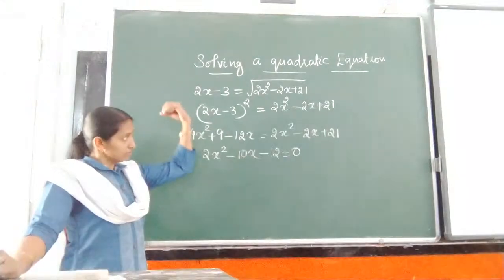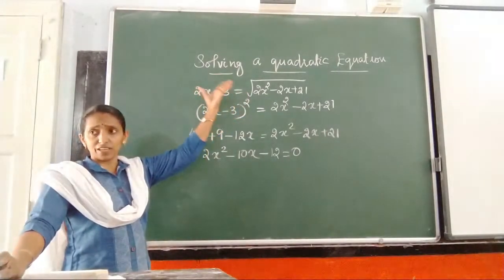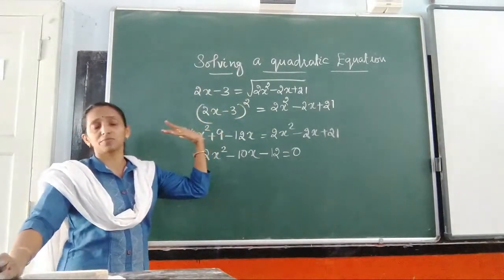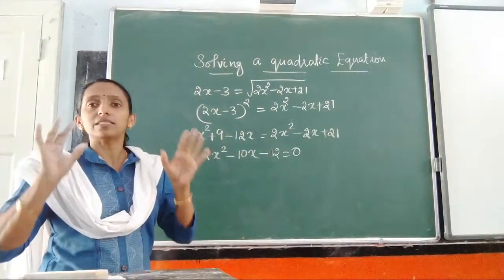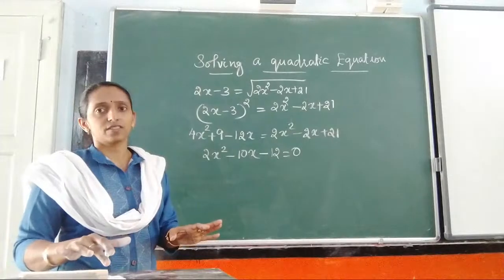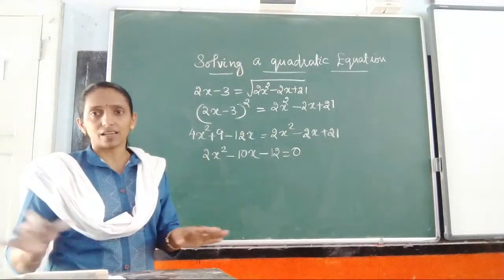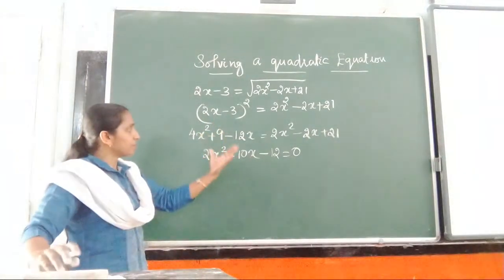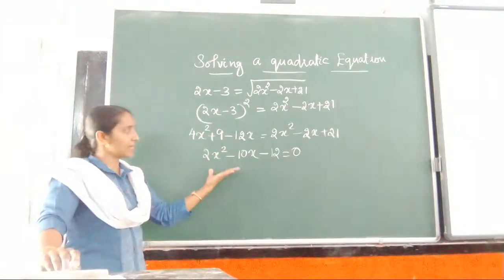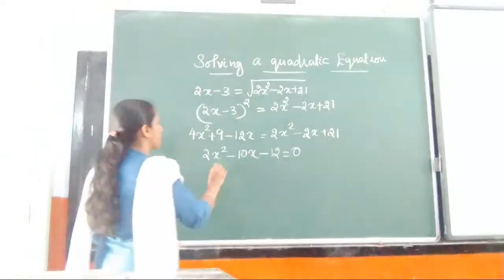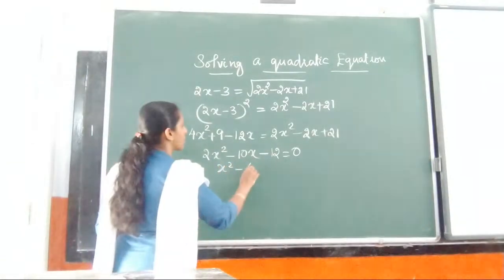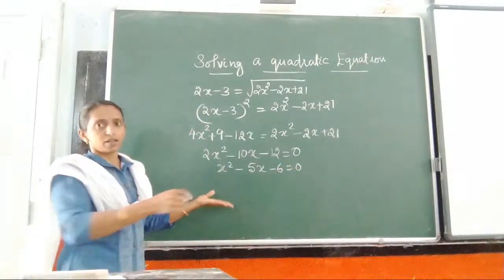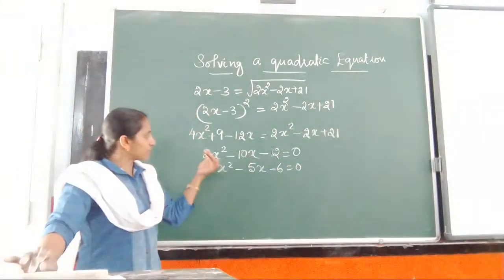So, what type of questions come? If any square root comes, any fractional terms, any decimal terms, any bracket comes, in all these cases, simplify first. Clear the fractions, simplify all the terms. After bringing it into the standard form, here again you can make it smaller. You will get x square minus 5x minus 6 equal to 0. Right? Got it in the standard form. Both are correct.